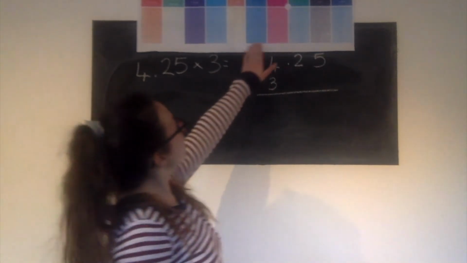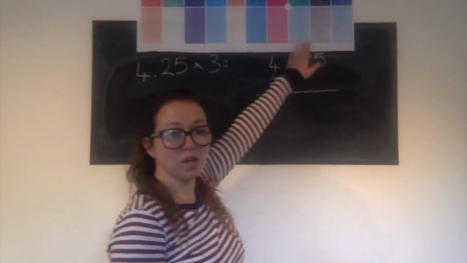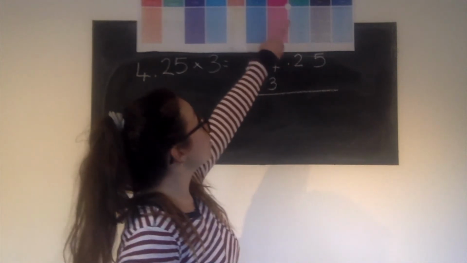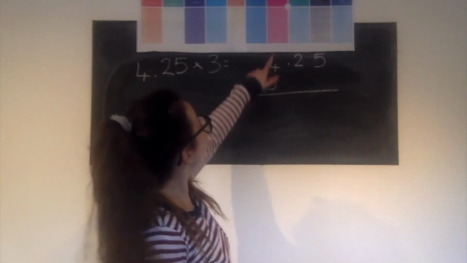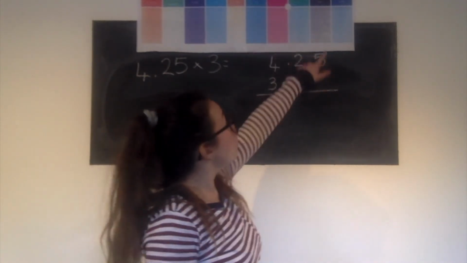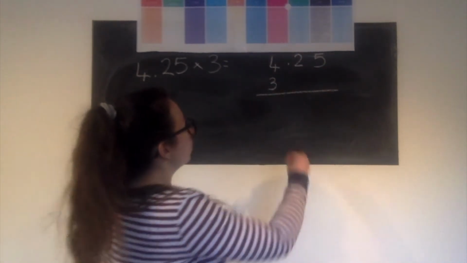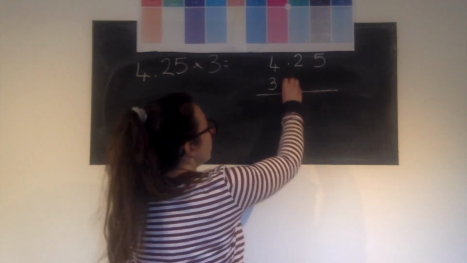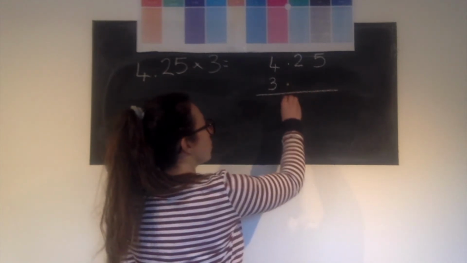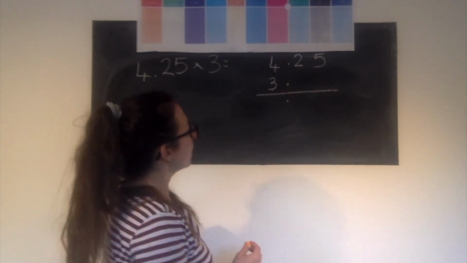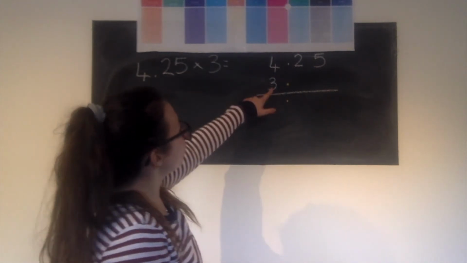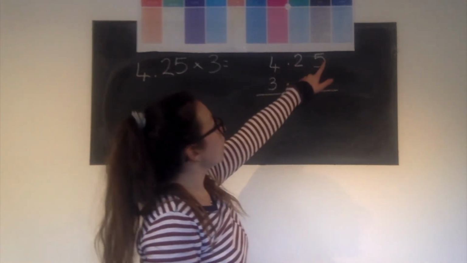So same again, I've set this out with my place value grid, and you guys can do this at home as well. Draw out your place value on the top. So I've got 4 in the units, 2 tenths, 5 hundredths, and then my 3 in my ones column. Just like before, I'm going to add in my decimal point here and underneath so that it's there and ready. Let's start off with our 3 units multiplied by 5 hundredths.